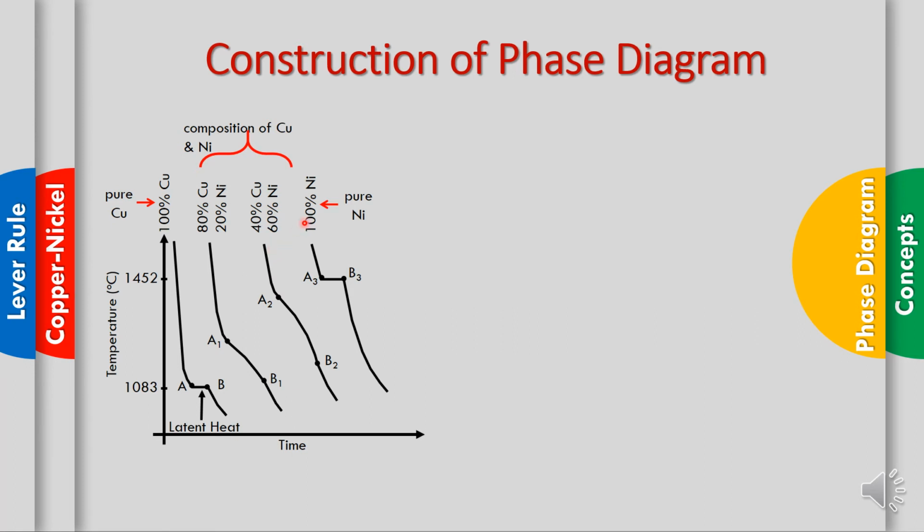And finally, in the last composition, we have 100% nickel. It will behave something like this. So if we test more compositions, let's say 1% copper and 99% nickel, 5% copper and 95% nickel, we can produce various information here.